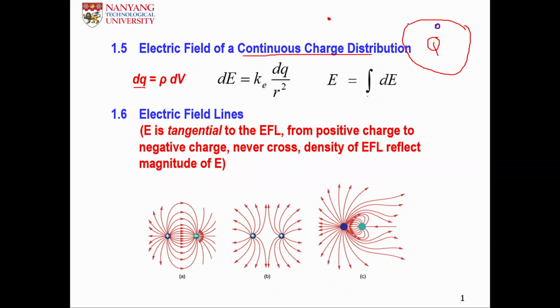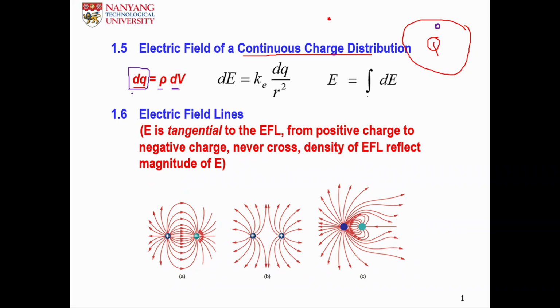If it is a three-dimensional object, then the charge density times the volume of the tiny portion is the total charge carried by this tiny portion, right? Charge density times volume is the total charge. And as long as this dV is small enough, we can consider this to be a point charge.